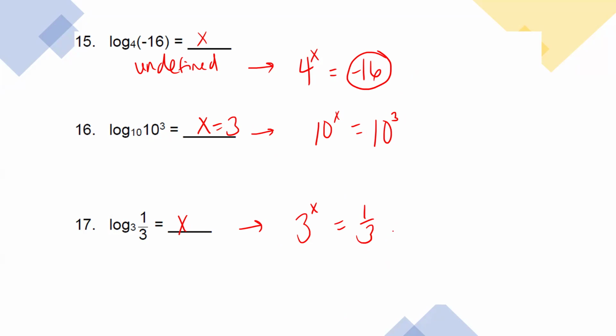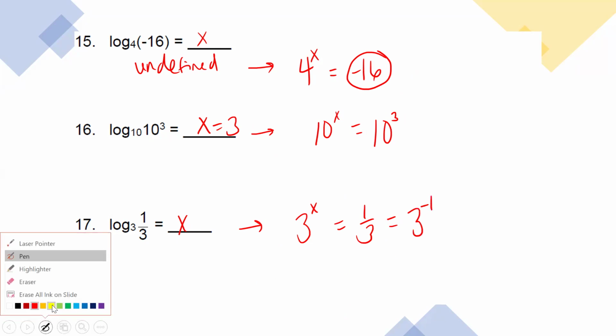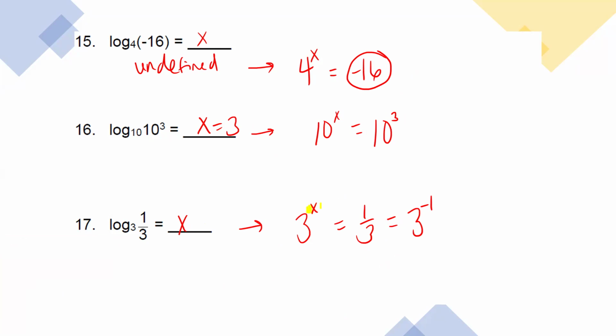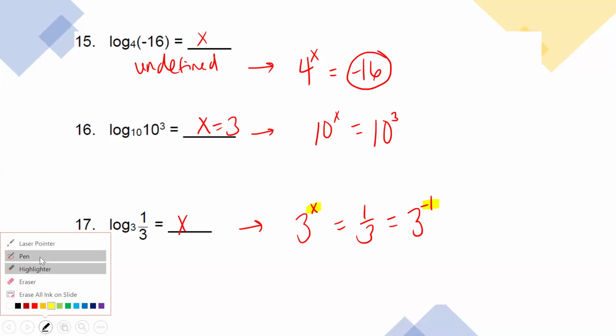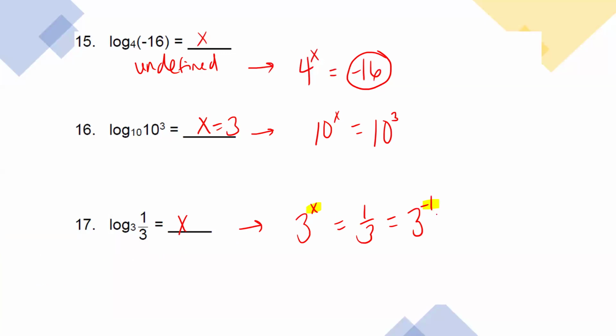How can I rewrite 1/3? 3 to what? If I want it to be 3/1, it has to be 3 to the -1. If I want to take that 3 out, so notice here, what is x? -1. Anytime you have a number in the denominator, to take it out of the denominator, you make it a power of -1. So the answer is -1. The last two, you're going to do at your table.